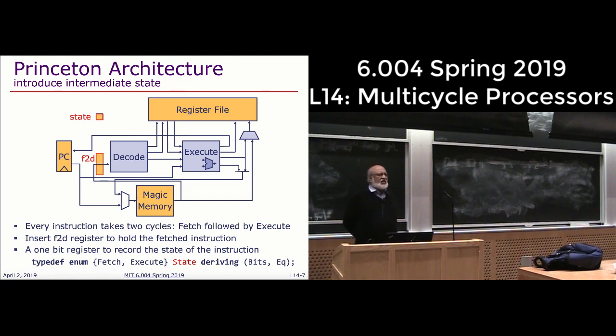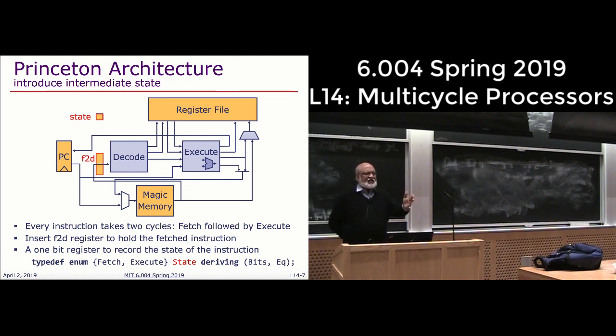And what do I do in the next cycle? I will go and execute the instruction in whatever is sitting in F to D register. How do I know whether I am in the fetch stage or whether I'm in the execute stage? So I need another register. I need a single bit which tells me I'm in the fetch stage, I'm in the execute stage.